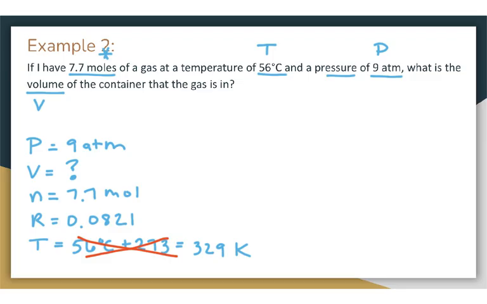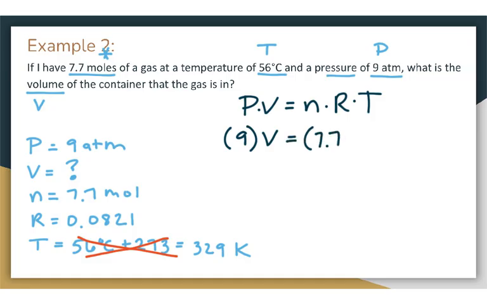All right, plugging these into our formula, that ideal gas law, PV equals nRT. I have 9 times V equals n is 7.7, R is 0.0821, temperature 329.